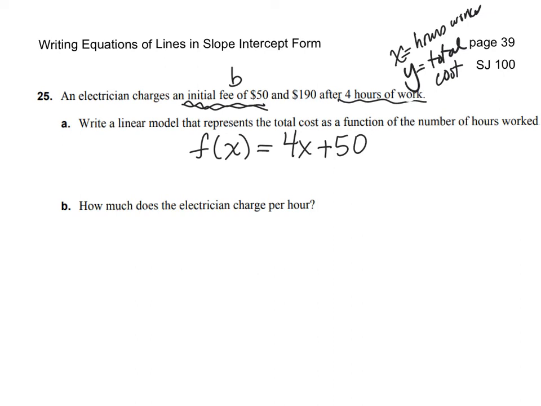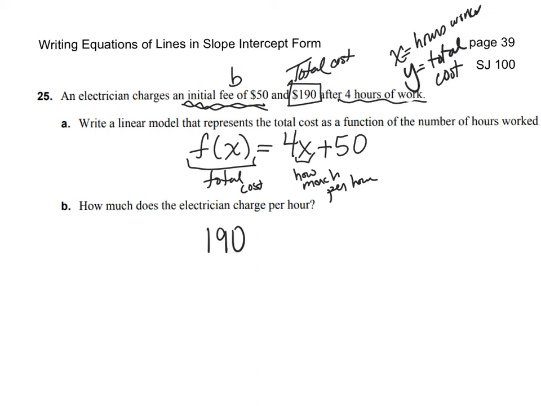Now, how much does the electrician charge per hour? Well, here's the value I'm going to use. This represents a total cost. I can use that value to figure out how much per hour. This is the total cost, and this is how much per hour, or hours worked, that's the same thing. So I'm going to substitute 190 in for f of x.